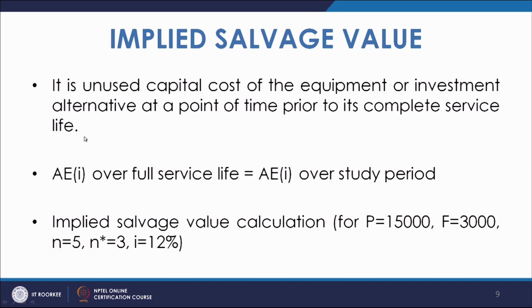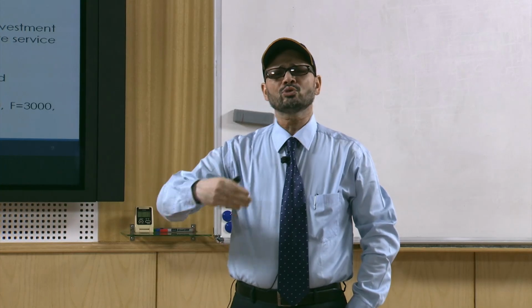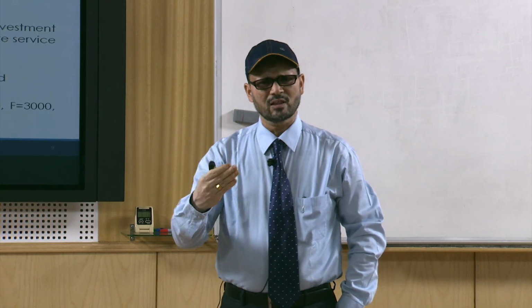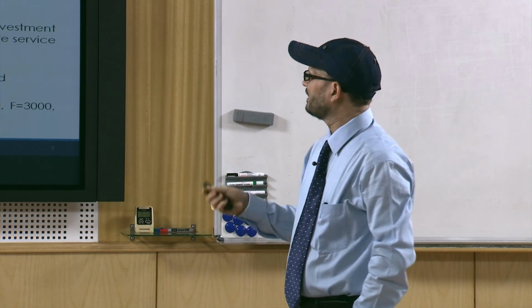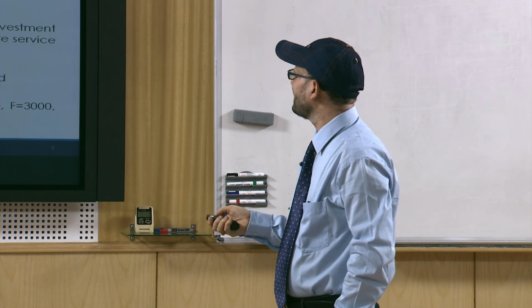So, we can solve this problem which is given: an asset which has a first cost of 15,000 and a salvage value of 3,000 at the end of 5 years. Now, in another case, if the alternative's life is only 3 years, suppose you have to dispose of this asset after 3 years, what should be its salvage value, and that value is its implied salvage value.